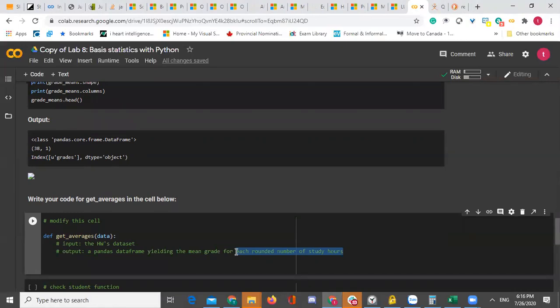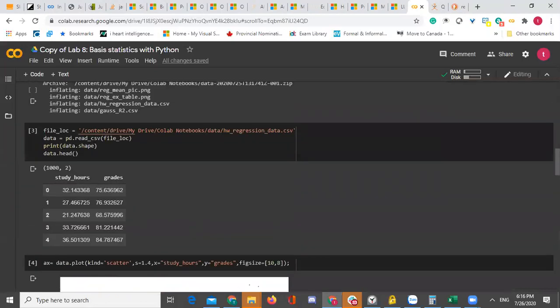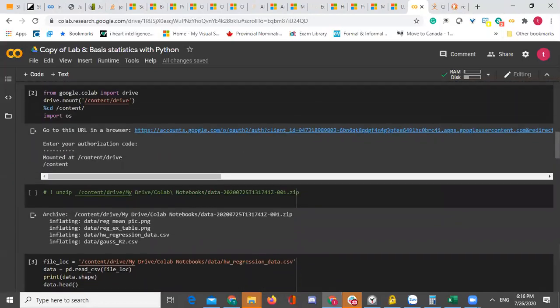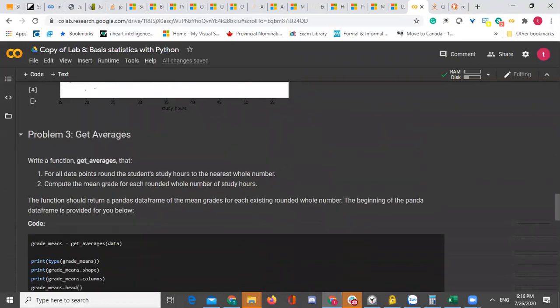You didn't solve the first problem. Oh, there's a first problem? Go below. Oh, okay, I missed this. For all data points, round the student study hours to the nearest whole number. So you should remove the decimal values.